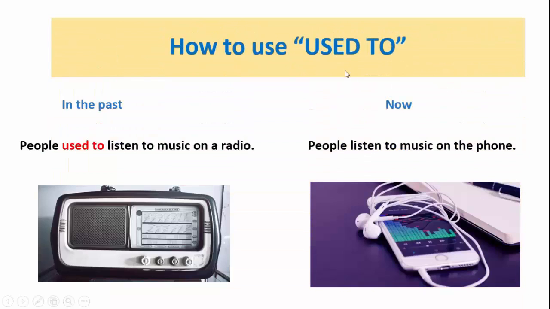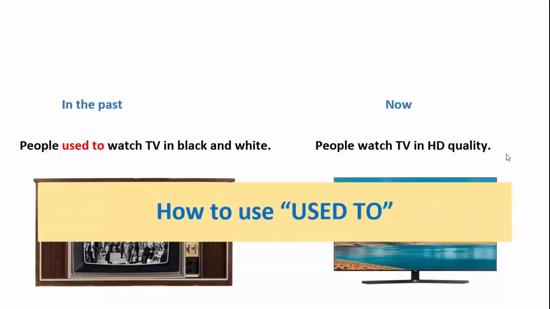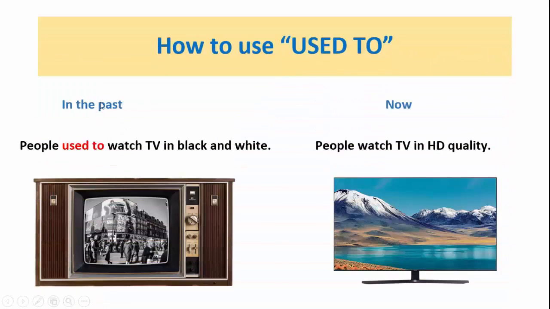How to use used to? In the past, people used to listen to music on a radio. But now, people listen to music on the phone. In the past, people used to watch TV in black and white.